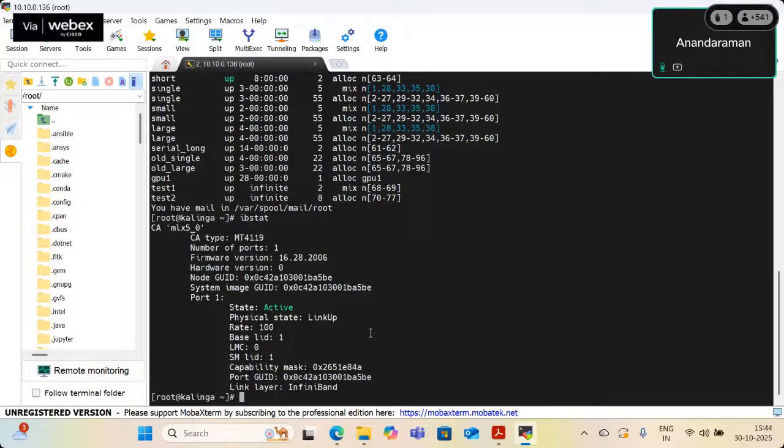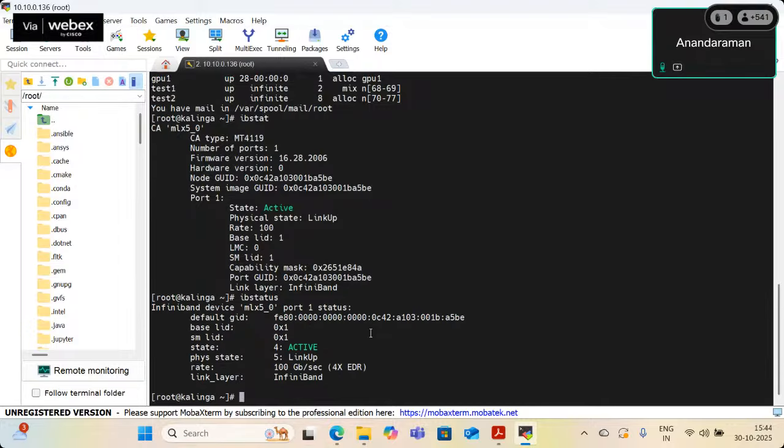So this is the InfiniBand card we are using. And status, it is link 4x EDR. EDR has 4 lanes, and each lane capacity is 25 Gbps. So 4 into 25 is 100 Gbps.